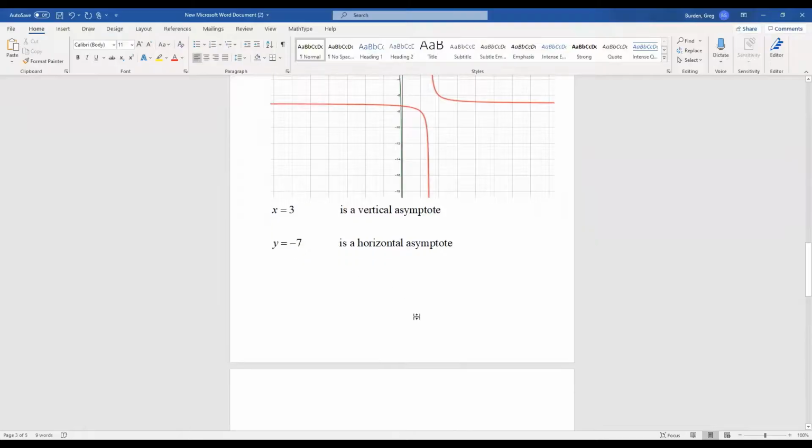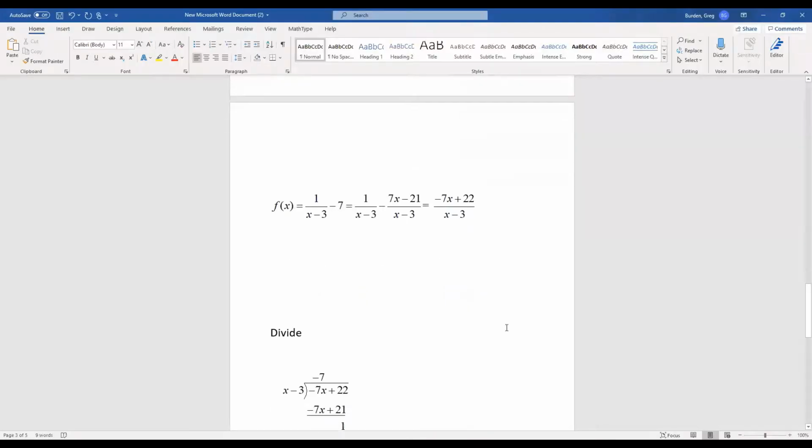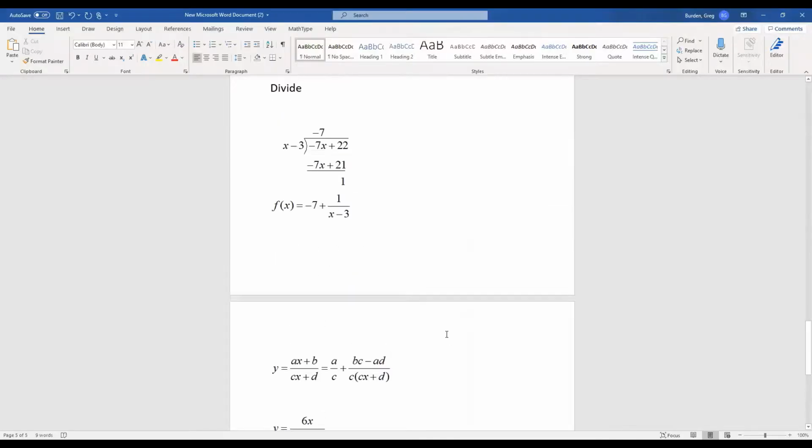And you can think of that -7 as being created by looking at the -7 in the numerator of the original, which is the lead coefficient of the x, and dividing that by the lead coefficient of the x in the denominator. So the -7 in the numerator, 1 in the denominator. Divide that out, you get -7. Similar thing's going to apply here. If I take 6 and divide it by -2, that will give me the horizontal asymptote in this case.